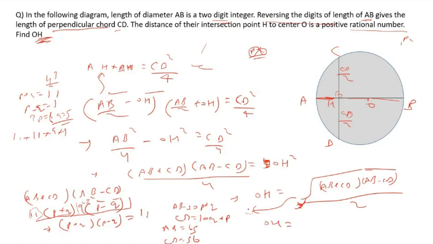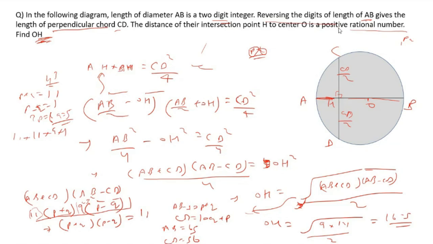AB plus CD is 121, and the area is root over 9 into 65 and 56 give me 121, divided by 2. This is obviously a perfect square, 3 into 11, so 33 by 2, which is 16.5. This is the answer. A pretty good question, combining number properties and geometry.